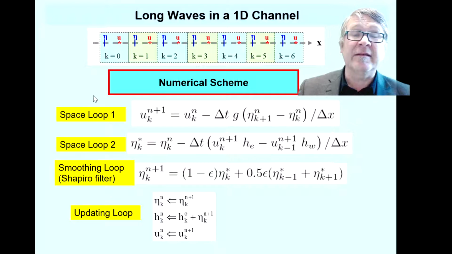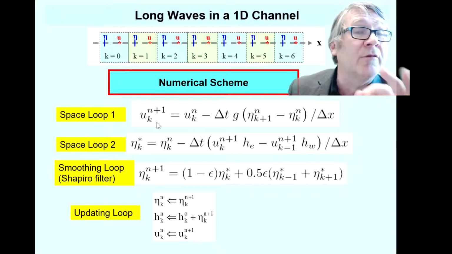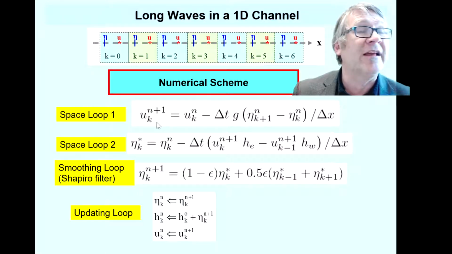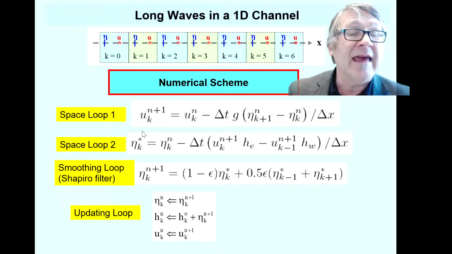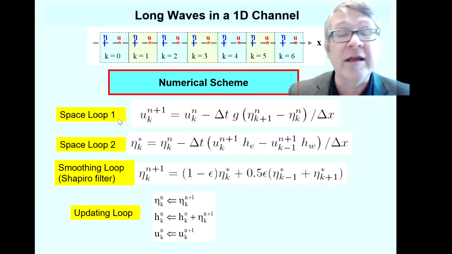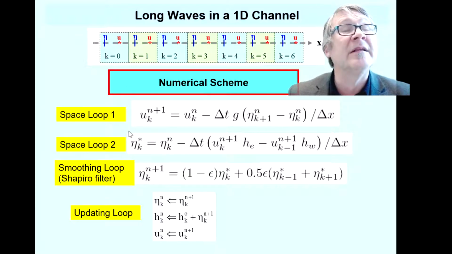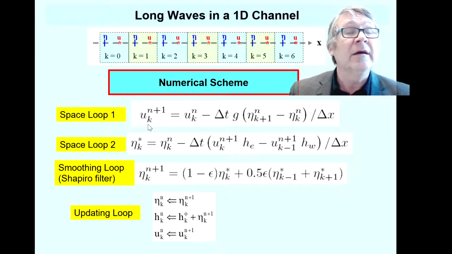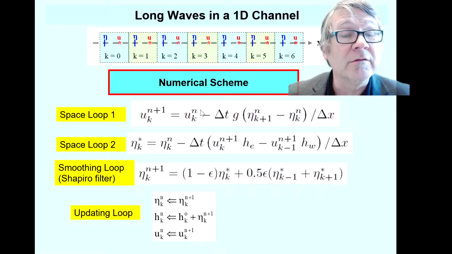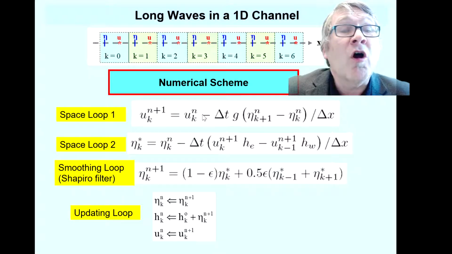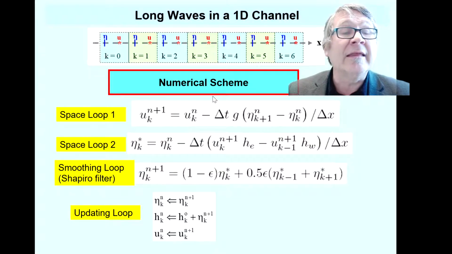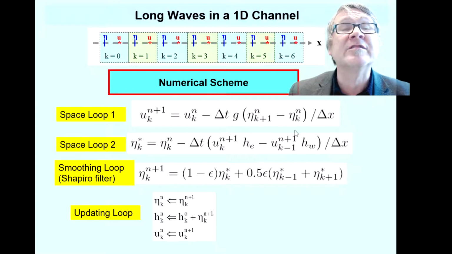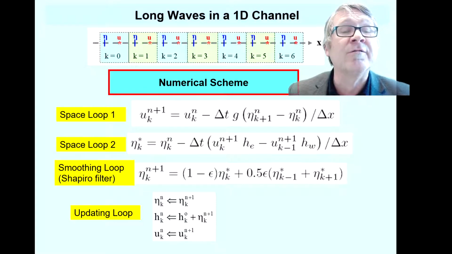Like this, you can say, if you are now in a grid cell called k, the prediction on the left-hand side, n plus 1, means it's the prediction for the next time level, is the old value, or the current value if you want, and then comes the correction, and the correction has the horizontal pressure gradient force.